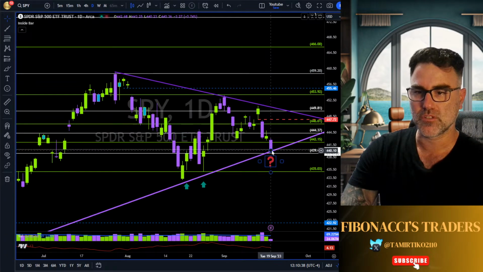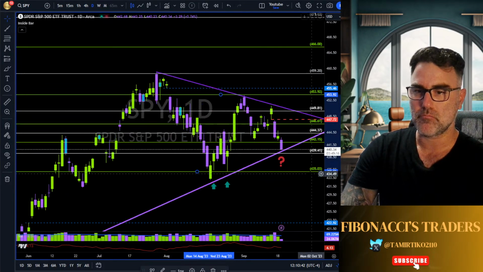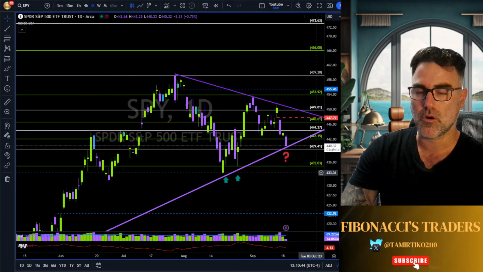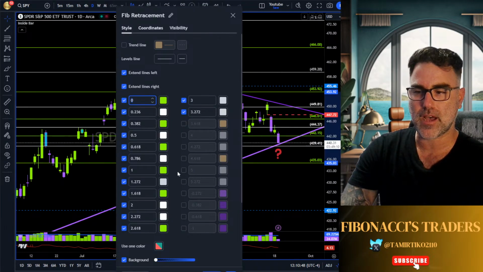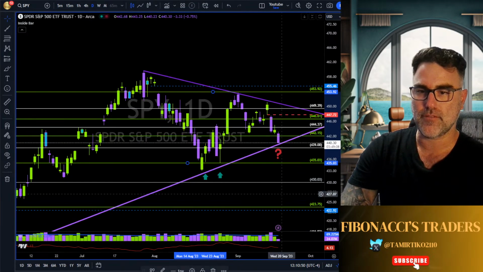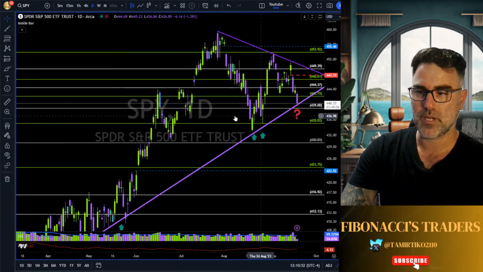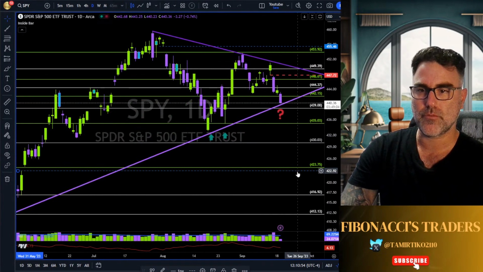Now let's see, can bulls bounce off this trend line back above the 442? Maybe not today, maybe not tomorrow. Below this trend line, we are heading towards the 435. Below 435, in my opinion, the 423 gap will get filled.